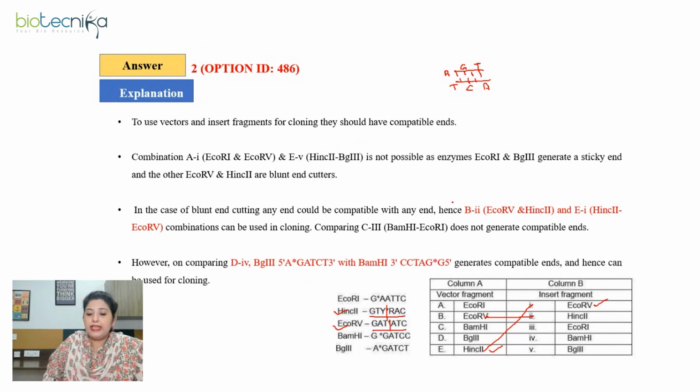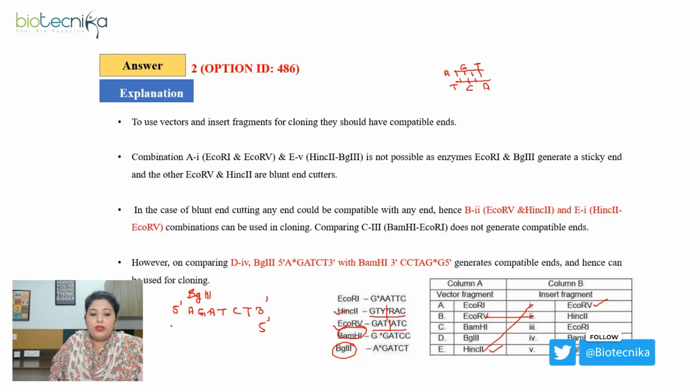So basically, if I compare BglII with BamHI, the sequence given to us for BglII is A, G, A, T, C, T. So this is 5' to 3'. So I can write down the complementary sequence.